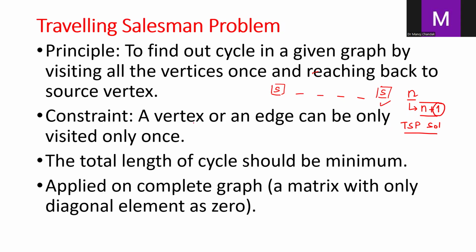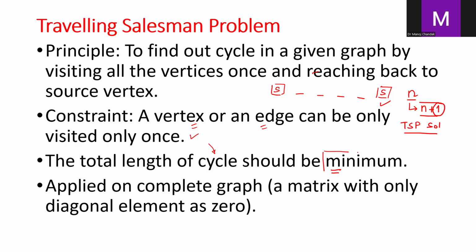The main constraint is that a vertex or an edge can be visited only once. And the objective is to generate the cycle at the minimum cost.